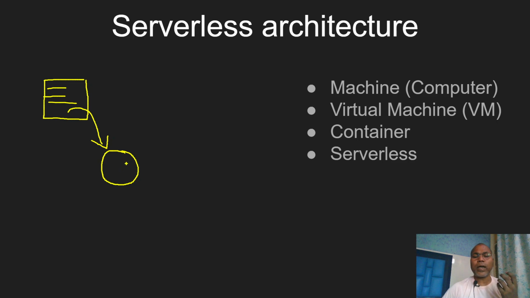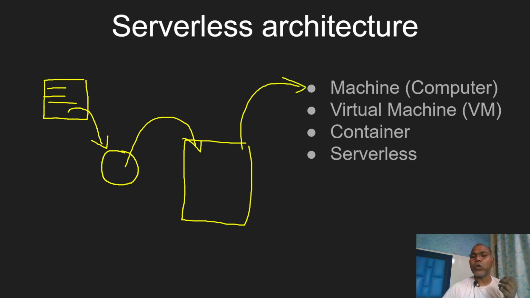To run this code, you have to deploy it on a particular machine. The machine can be your actual computer, or a virtual machine, or a container. These are the three things a developer has to focus on while writing code.